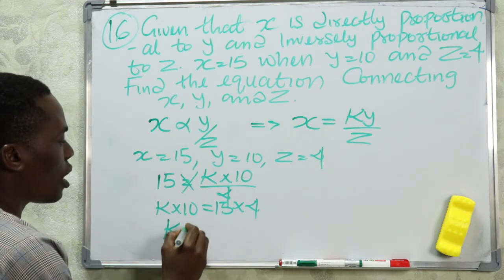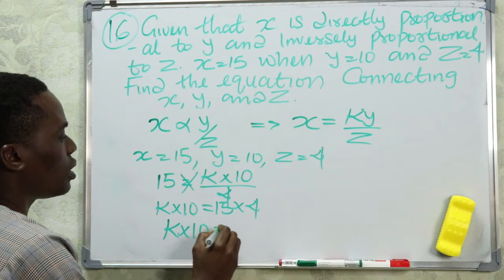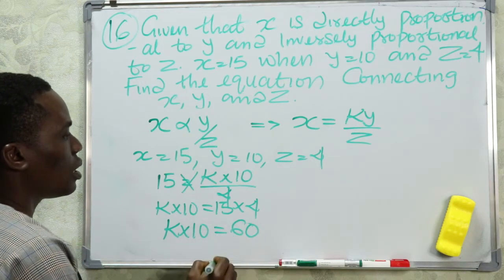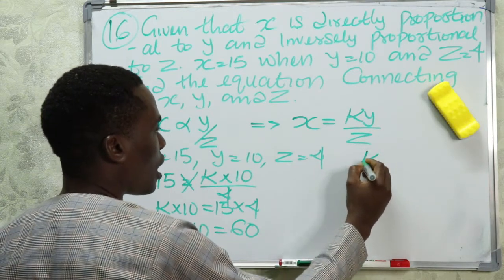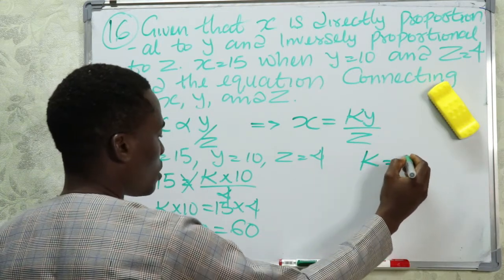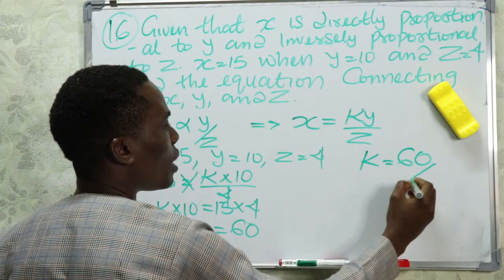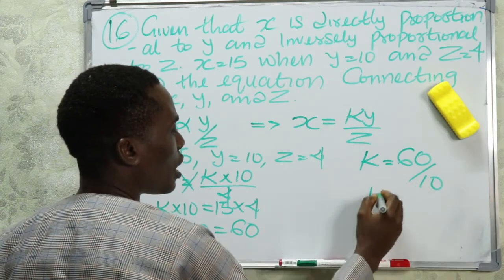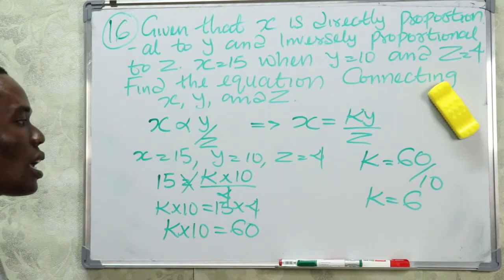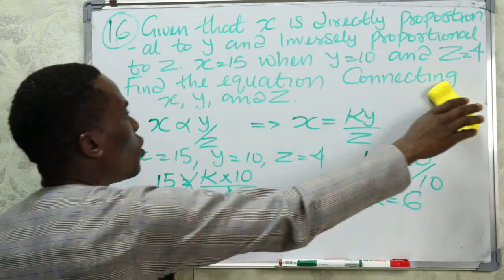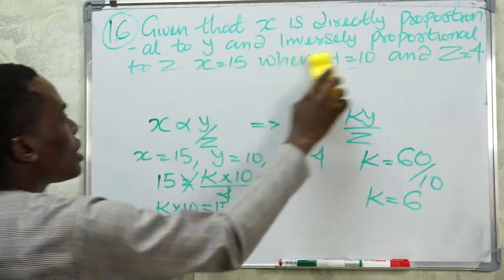So k times 10 is equal to 60. From here, we can see that k is equal to 60 divided by 10, and k will be equal to 6.